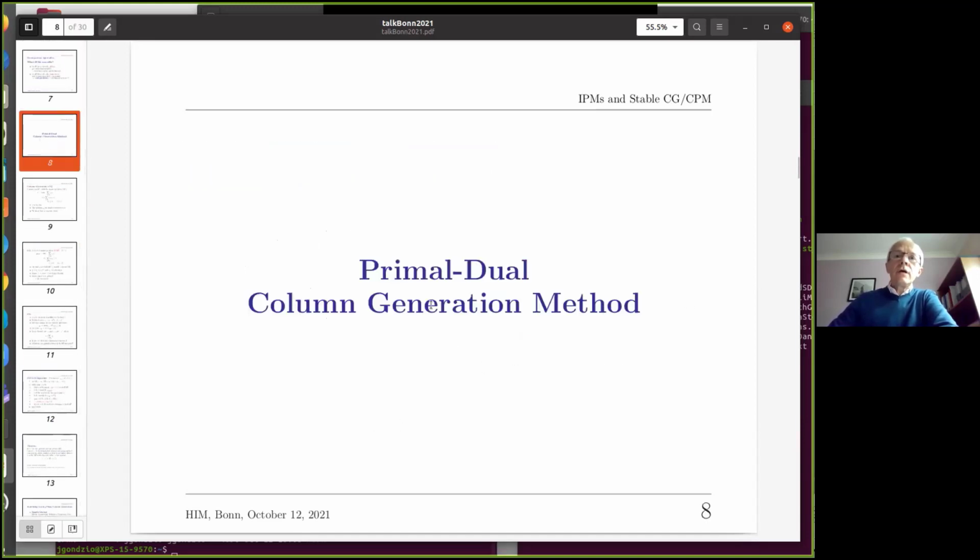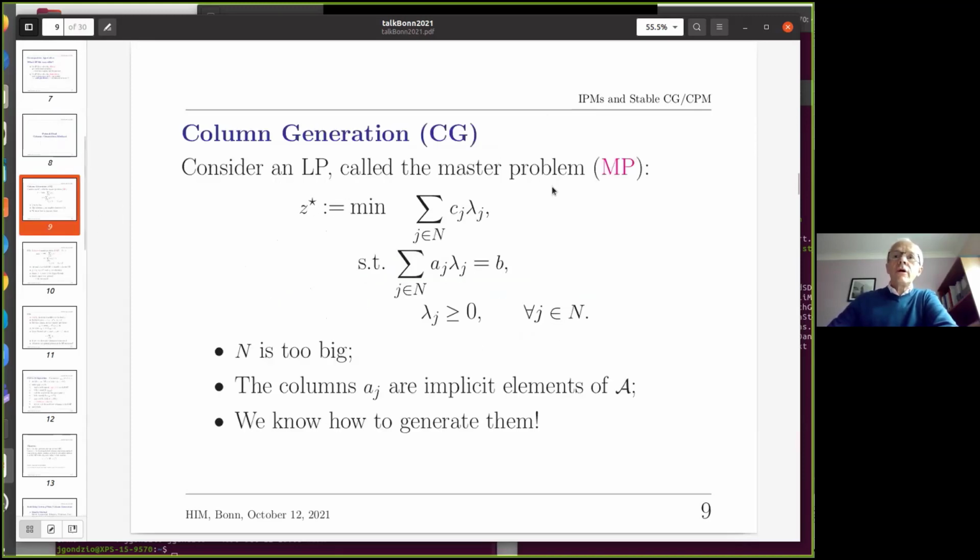So let me guide you now through the primal dual column generation method. Column generation is a well-known technique which applies to situations when we have to solve a linear optimization problem that has a huge number of columns. This number, capital N, may be exponential in some situations.